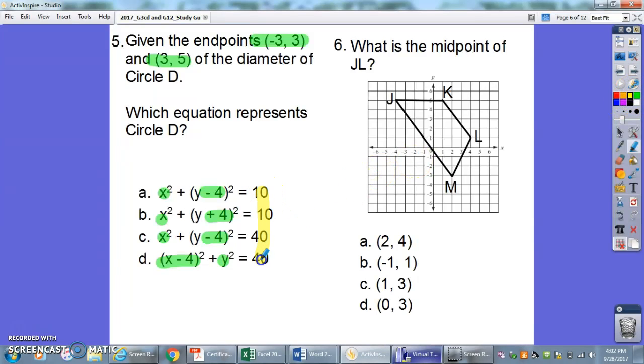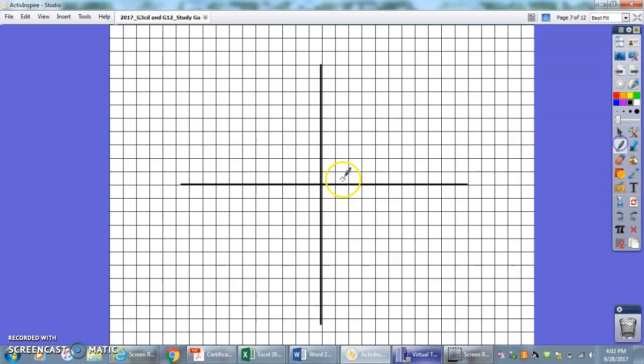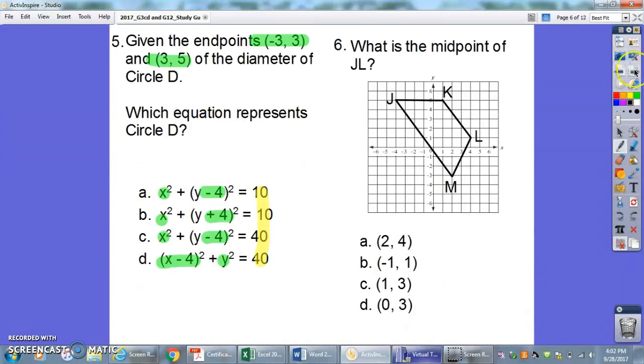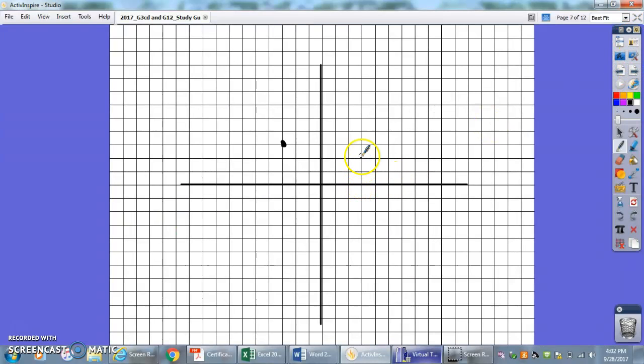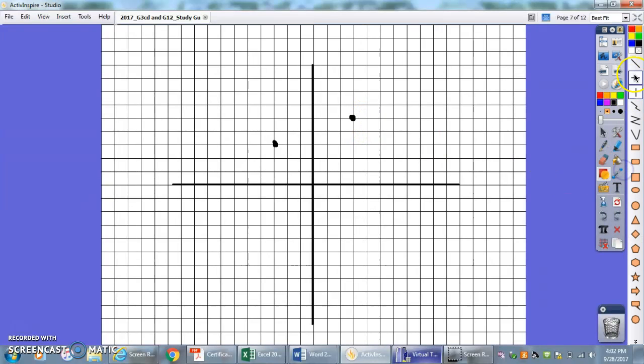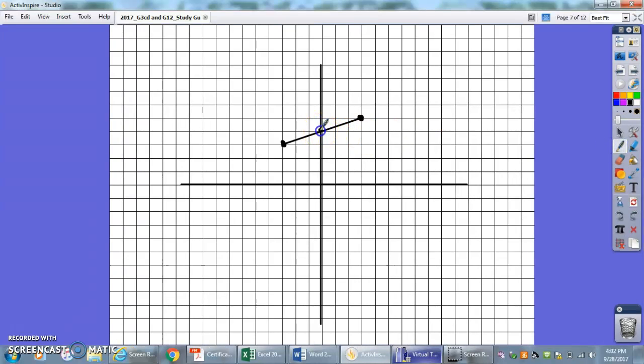So we need two things: the center and the radius. So let's get going. We're going to plot the 2 points, negative 3, 3, and I believe the other point was 3, 5. Alright, so there is your diameter. Now we're going to find the center, which sometimes you can actually guess.